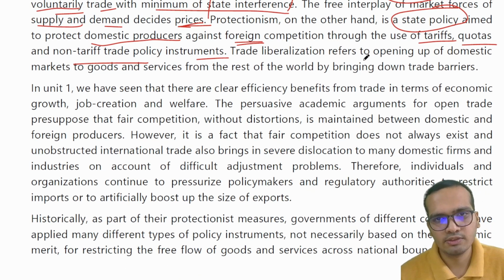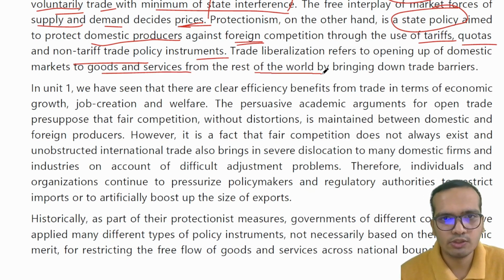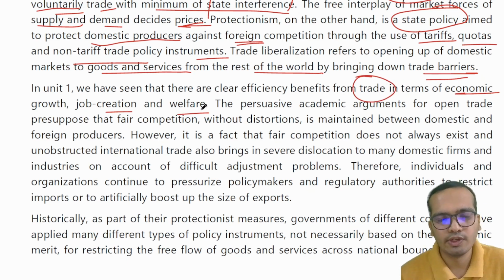Trade liberalization refers to opening up of domestic markets to goods and services from the rest of the world by bringing down trade barriers. In Unit 1, we have seen that there are clear efficiency benefits from trade in terms of economic growth, job creation, and welfare.